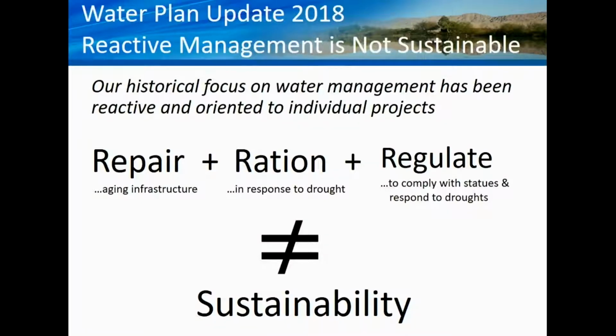But basically we've been focused on reactive-oriented response to the challenges that we have. So we're out there repairing infrastructure, we're rationing in response to drought, we're regulating to comply with statutes and respond to droughts as well. And that's not really getting us to where we are really managing water sustainably.